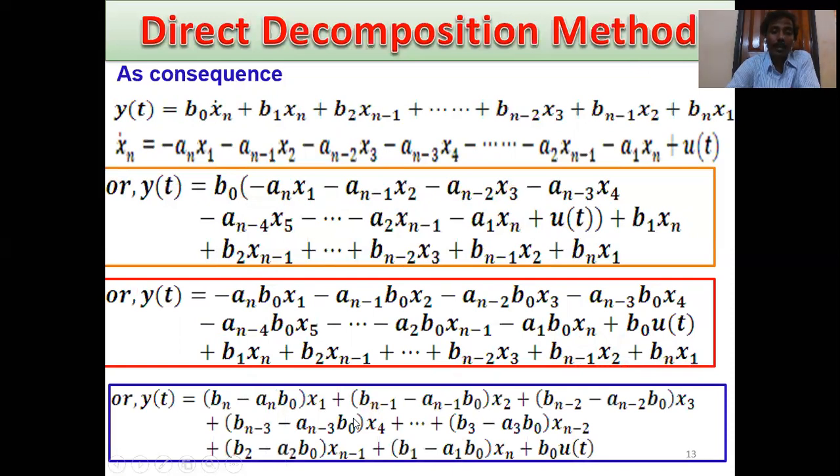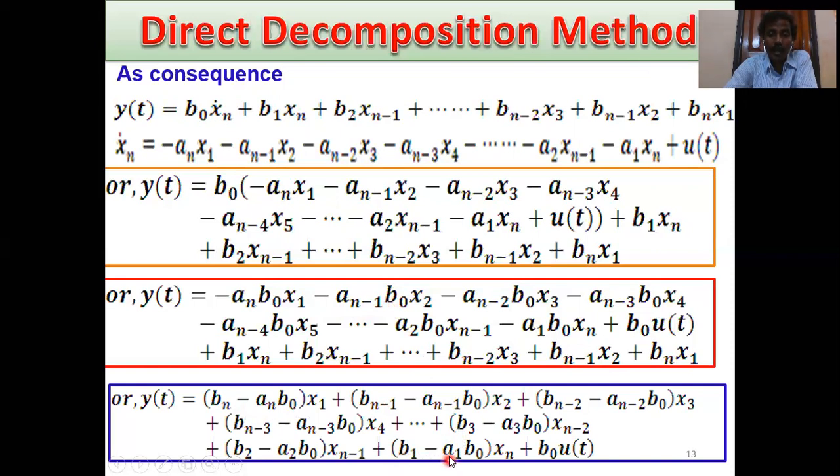Then take common x1, x2, x3 dot dot dot xn. So x1 into minus an b0, and the last term bn x1. So common x1, bn minus an b0. Similarly x2, this x2 and this x2 common, bn minus 1 minus an minus 1 into b0, dot dot dot.